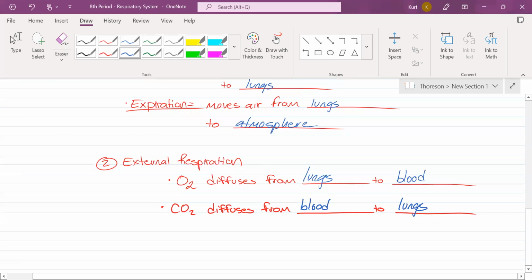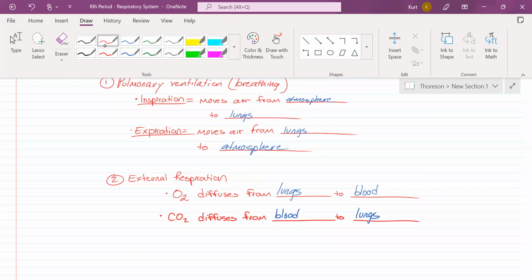Now, here's the catch, everyone. These two steps, steps 1 and 2, are the only ones that your respiratory system can manage. Anybody thinking, well, duh, Mr. Teacher, we're on the respiratory system. I don't think it's the urinary system. Fair.